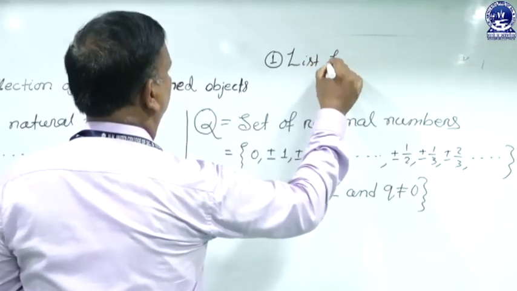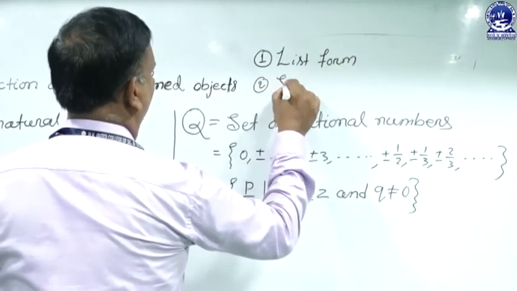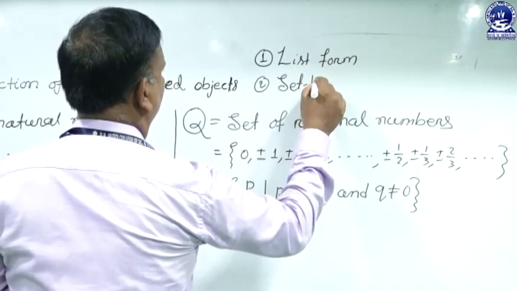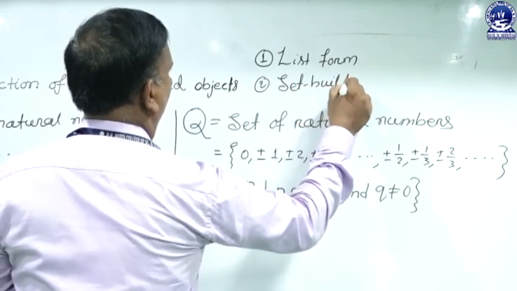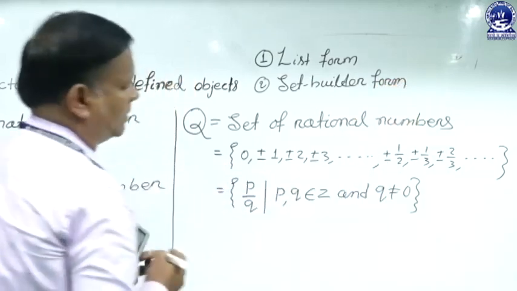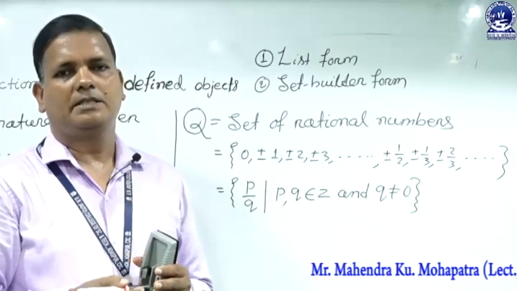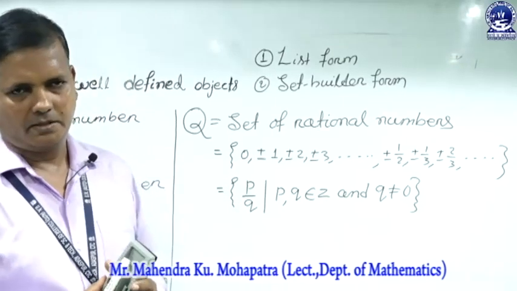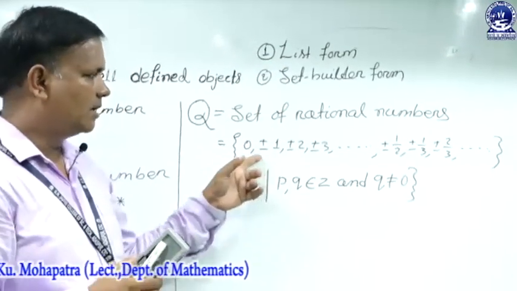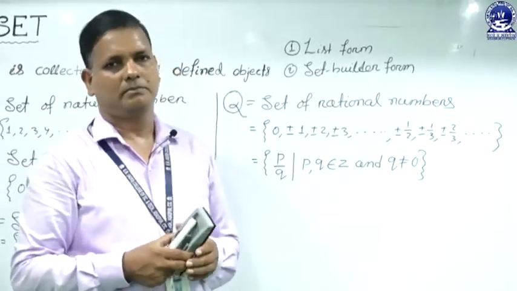Another is set builder form. That means a set can be represented in two different ways. One is list form, and another form is set builder form.